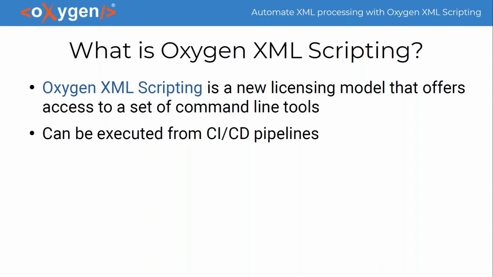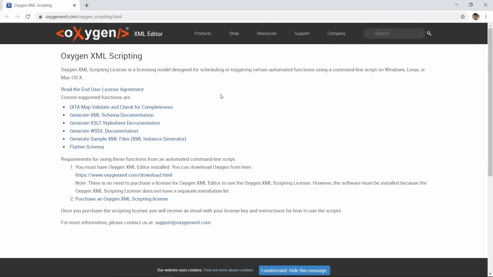But what's important is that by creating this command line tools interface, you can now execute these functionalities from continuous integration, continuous delivery pipelines. You can find more information about the Oxygen XML Scripting license on our website, of course.